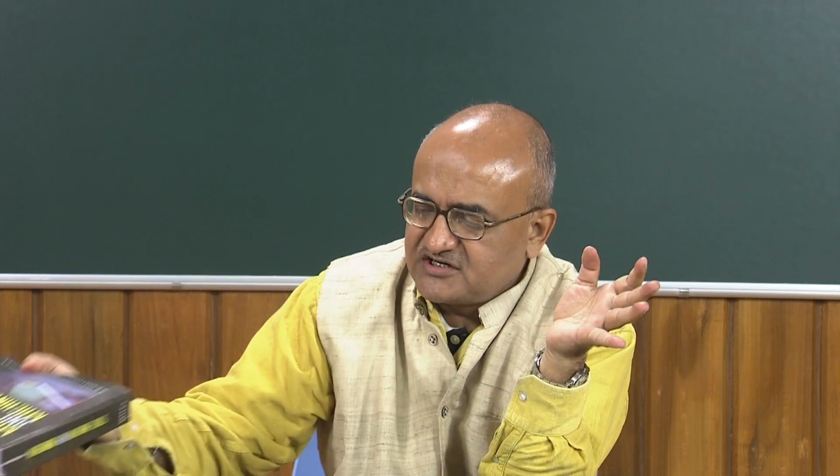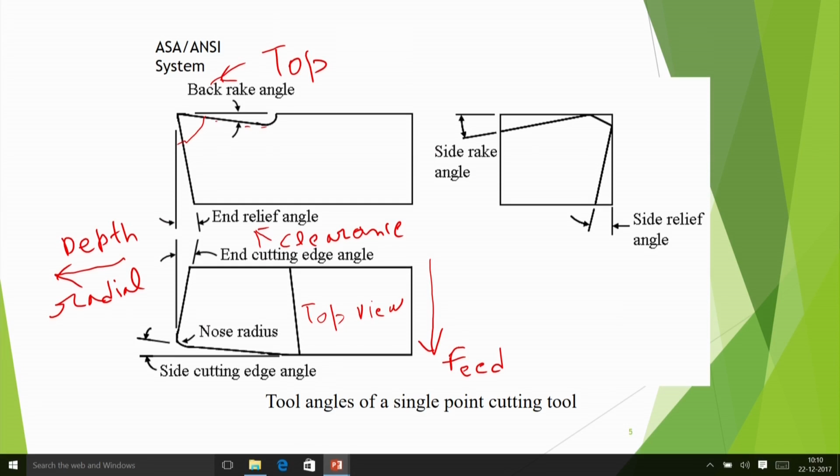That is why you have to understand that on the top surface there is only one rake surface, but you have the side rake angle because it is tilted in the side direction, and it is also tilted in the top direction like this. So that is why you have the back rake angle. That means it is tilted in one direction and it is also tilted in the other direction. So you are getting this one. This is a typical thing that you should always understand.